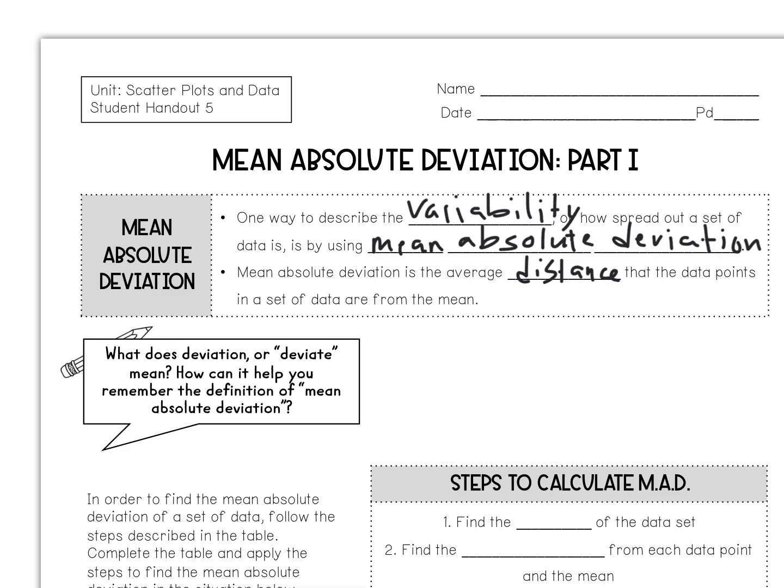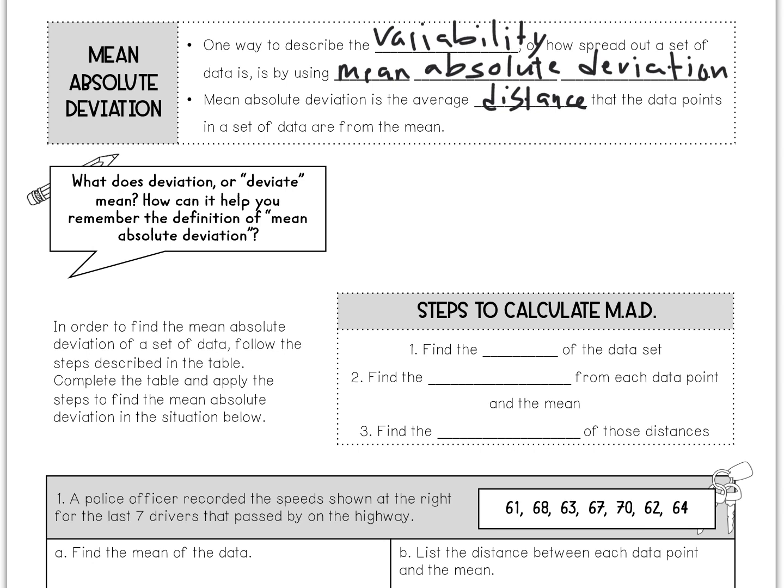But what I want to do is show you that it can be really 3 easy steps. It seems like a lot, but it's 3 simple steps. So what does deviation mean? To separate or to be away from.